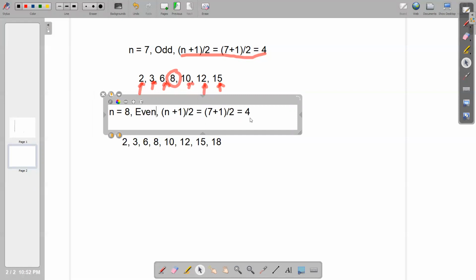So for an even number, there's not just one single number in the middle. If you count it, there will actually be 2 numbers in the middle. So we can calculate these 2 numbers' locations more quickly by n divided by 2. That's 8 divided by 2, which equals 4. And then n divided by 2 plus 1.